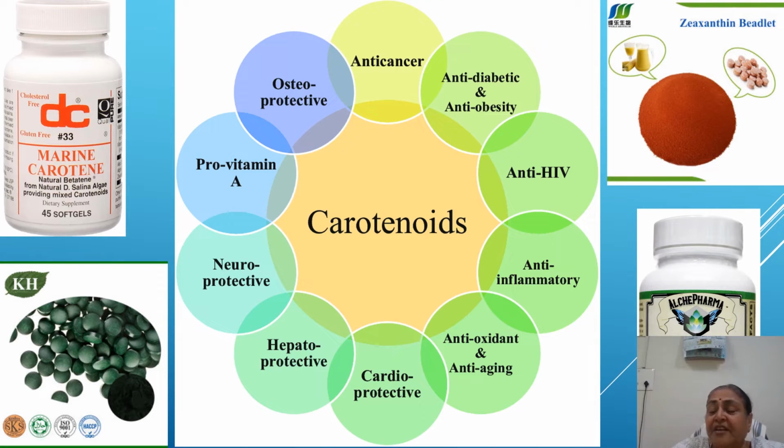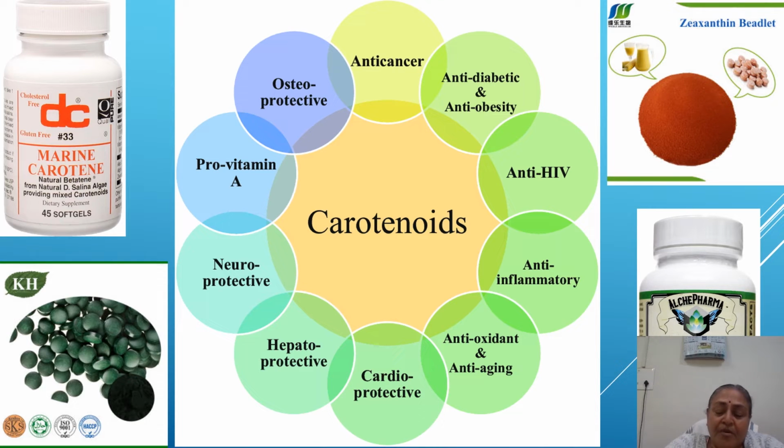the carotenoids. So the percentage of carotenoids and types of carotenoids varies from product to product and brand to brand, and these carotenoids have anti-cancer, anti-diabetic, anti-HIV, anti-inflammatory, antioxidant, antifungal, anti-aging, all this kind of activity. Besides, they help in cardioprotective, hepatoprotective, and neuroprotective functions, and they are a source of provitamin A and help in osteoprotective nature.